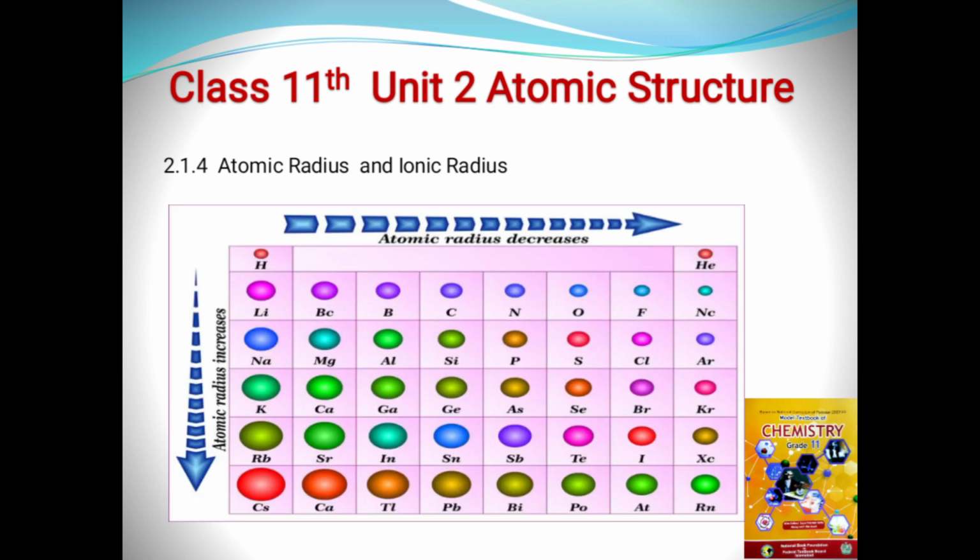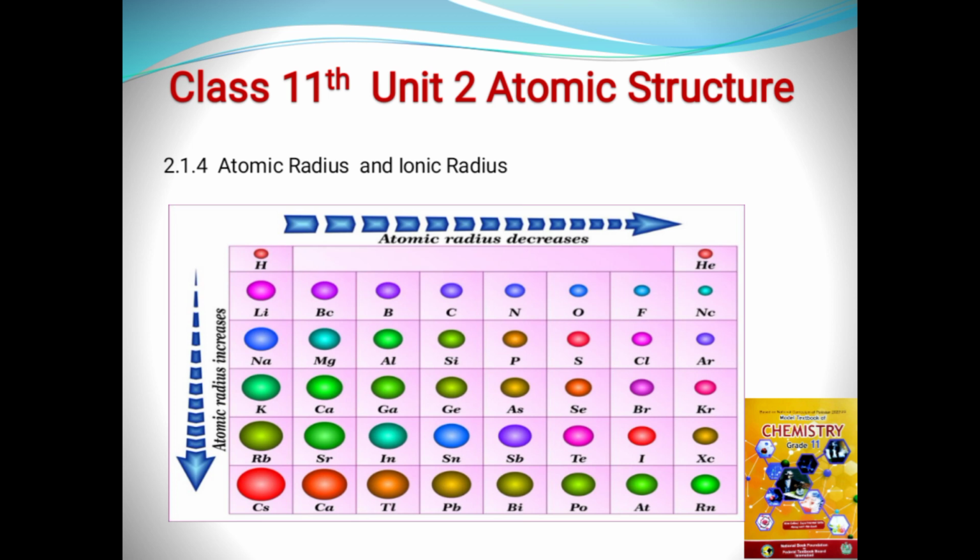Here is a picture which shows the increase and decrease of atomic radii along the periods as well as along the groups. You can see that when we move from left to right in a period like lithium, beryllium, boron, carbon, nitrogen, oxygen, fluorine, then the atomic radii are decreasing.